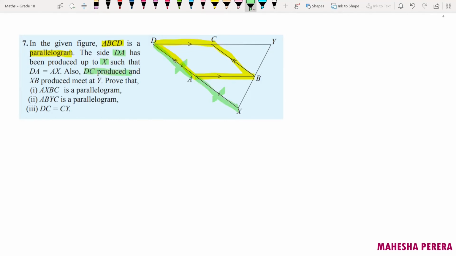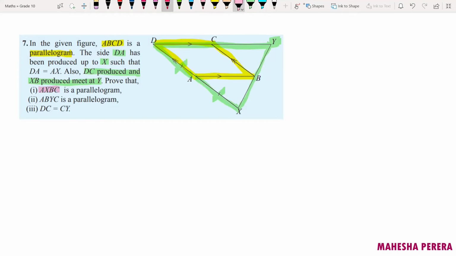DC produced and XB produced meet at Y, right? DC is here, and when we produce it, and also when we produce XB, they meet at Y. Y is here, right? Now we need to prove that AXBC is a parallelogram. Where is AXBC?